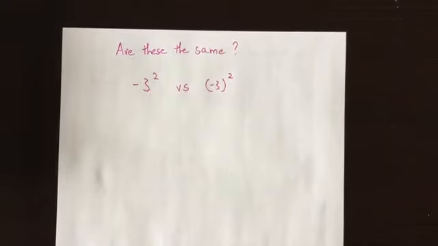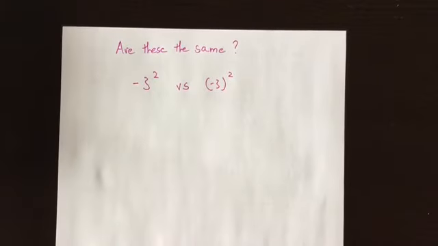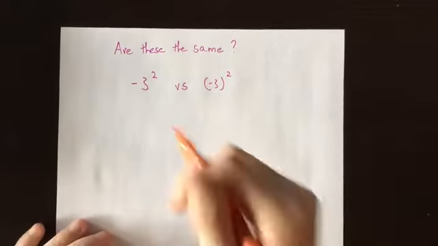One thing I really want to emphasize before you go off into your classwork is, are these the same? -3 squared without parentheses and -3 squared with parentheses. Is there a difference? And there is. Those parentheses make a huge difference.